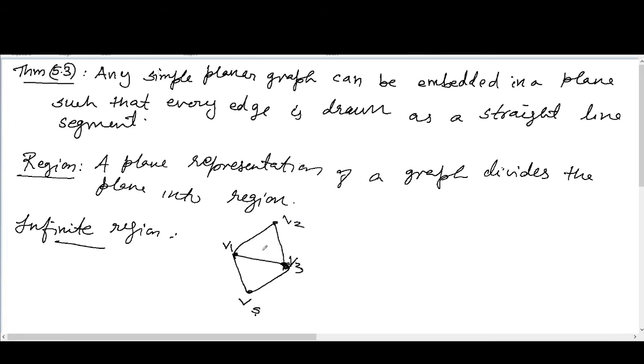Then there is an edge from V3 to V4, then V5 to V4, then V4 to V2, then V2 to V5. Consider this example. Now, you mark this region. Simply mark this region. Okay, that is inside that portion.